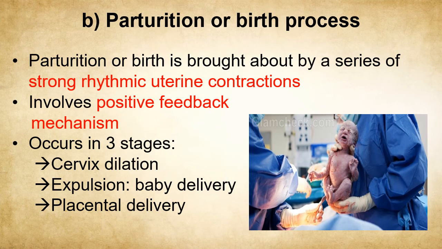Now we're going to look at 9.4b, parturition or the birth process. Parturition or birth is brought about by a series of strong rhythmic uterine contractions. It involves a positive feedback mechanism. Parturition occurs in 3 stages, which are cervix dilation, expulsion or baby delivery, and lastly, placental delivery.